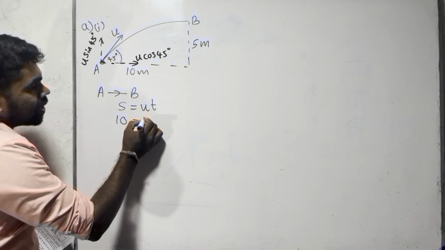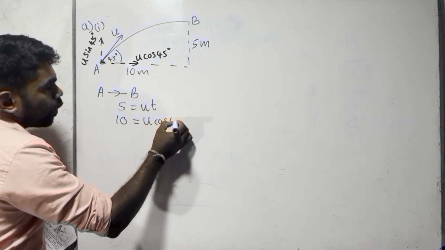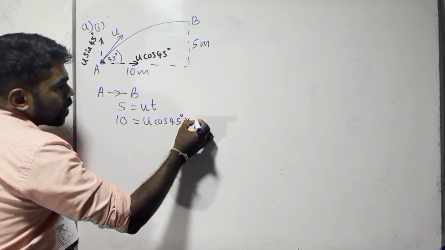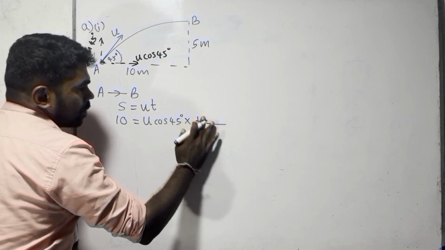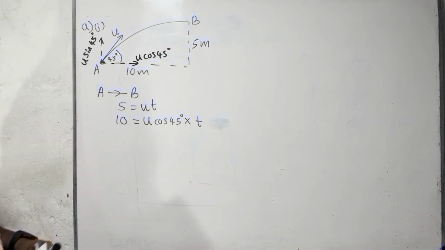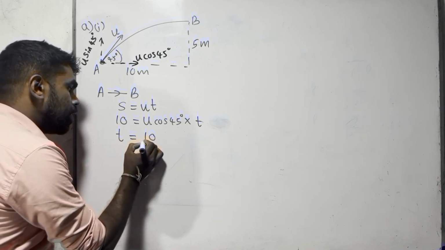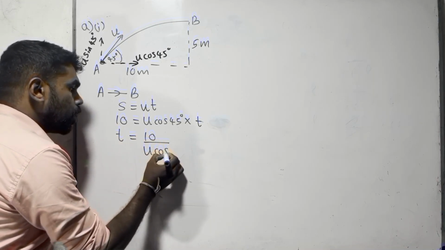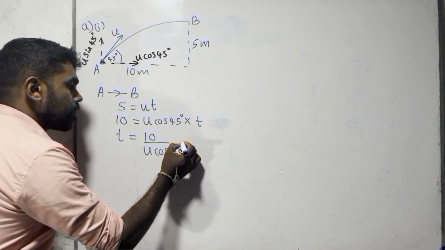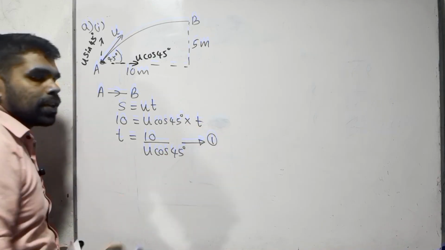Velocity component in the horizontal direction, u cos 45. We don't know the time. Then I will make time the subject from this equation: 10 divided by u cos 45. I will mark this equation as the first one.